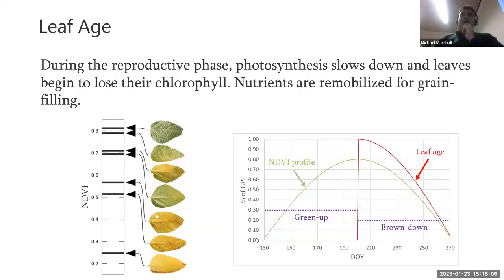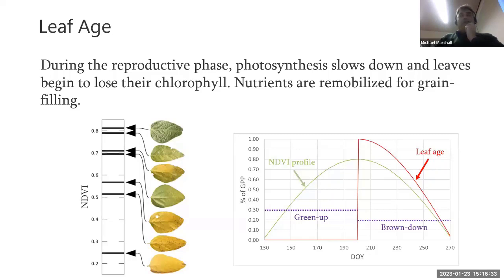NDVI doesn't detect pigments, right? There are other indices that are better at detecting, say, green and the accessory pigments, the xanthophylls, the anthocyanins, the carotenoids. There are other indices out there, but they're not widely used. And you have to ask yourself why they're not widely used. And I think one of the issues is NDVI does a pretty good job.